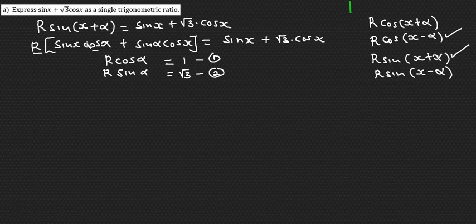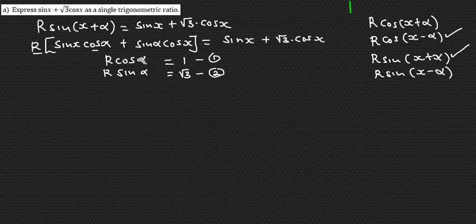In the previous videos we looked at how we can eliminate a trigonometric ratio. When you have a cos and sine, we use the Pythagoras identity sine squared plus cos squared equal to 1.